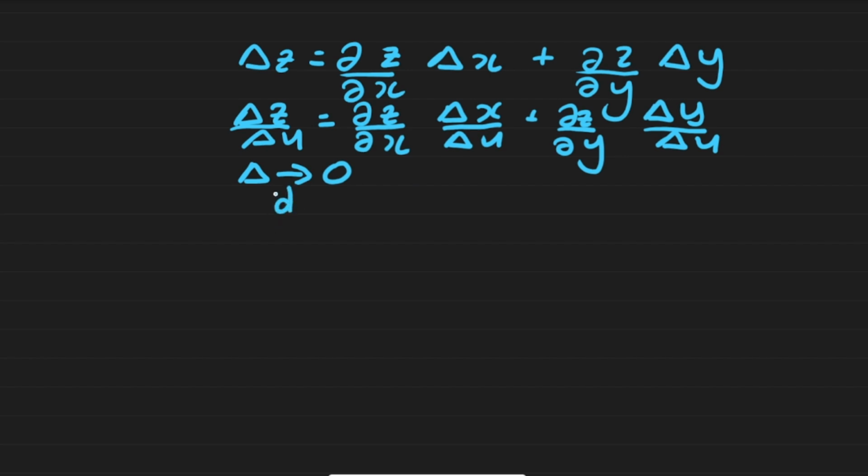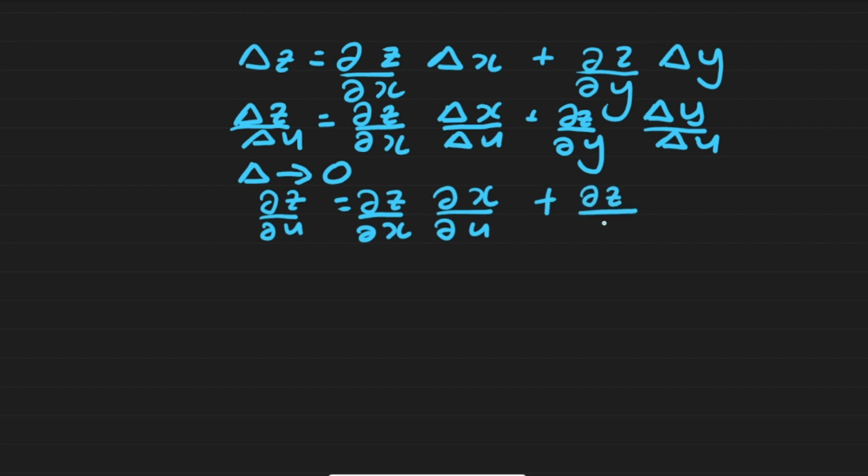So we would get that ∂z/∂u is equal to ∂z/∂x times ∂x/∂u plus ∂z/∂y times ∂y/∂u.